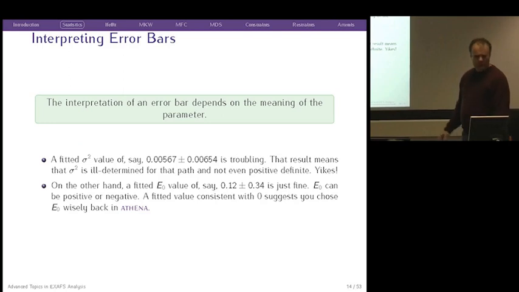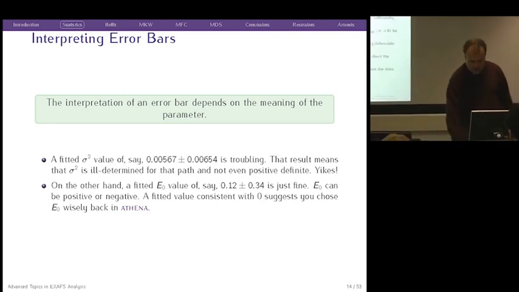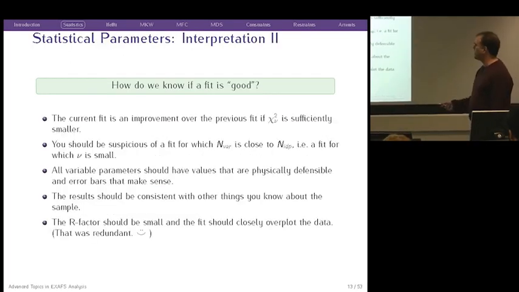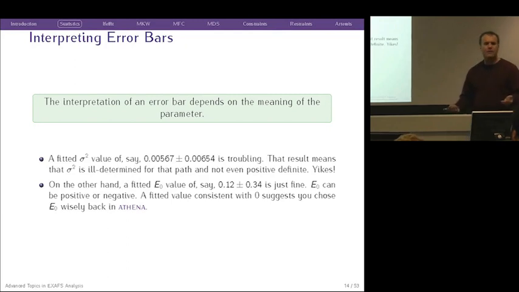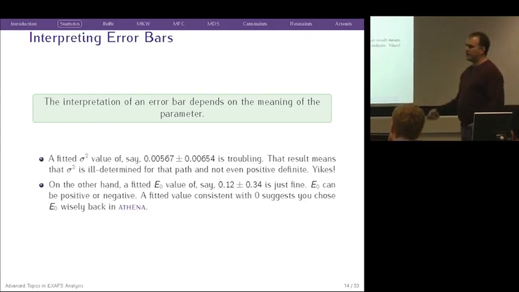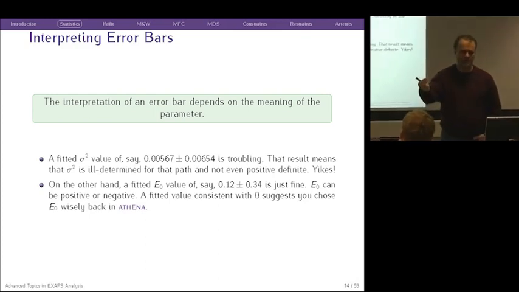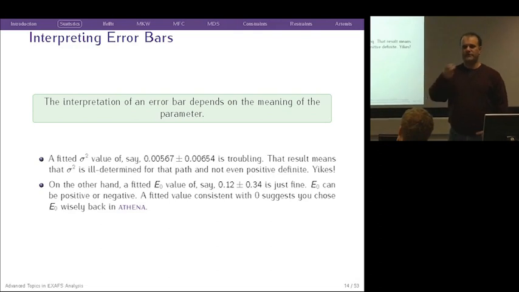So how do we get a handle on these two points about defensible, physically consistent error bars and reasonable results? Well, let me just give you a couple of examples to get you thinking about that. A fitted sigma squared that is not positive definite is troubling, and that's troubling because sigma squared is sigma squared. It can't be negative. It's a real number squared.